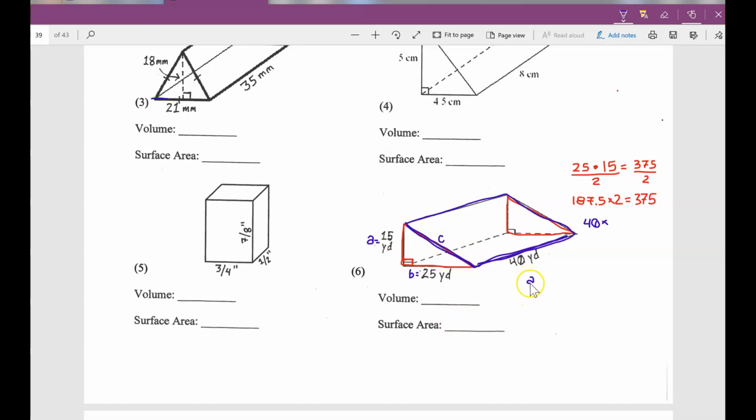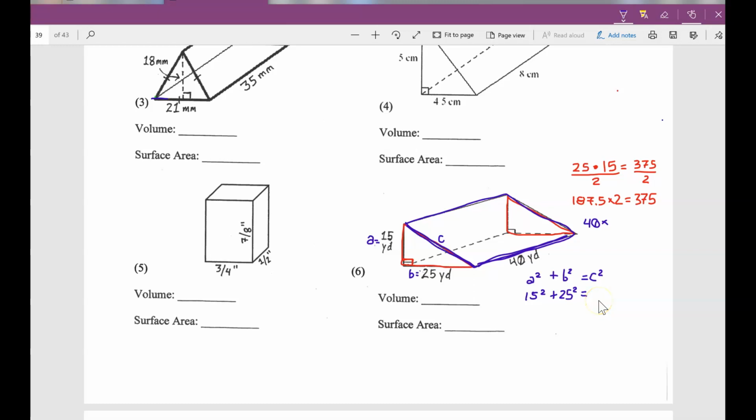We're going to do a squared, so 15 squared, plus b squared, that's going to be 25 squared, equals c squared.